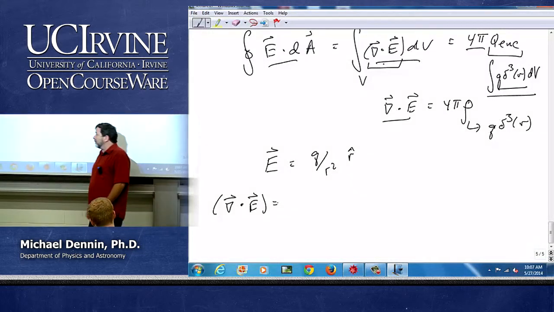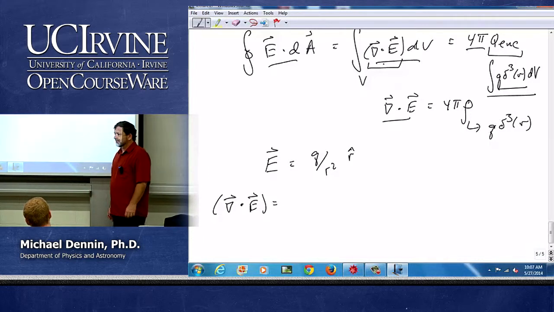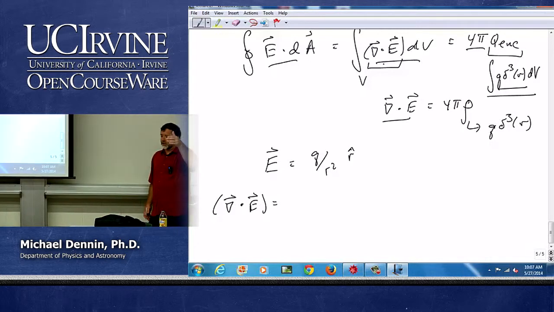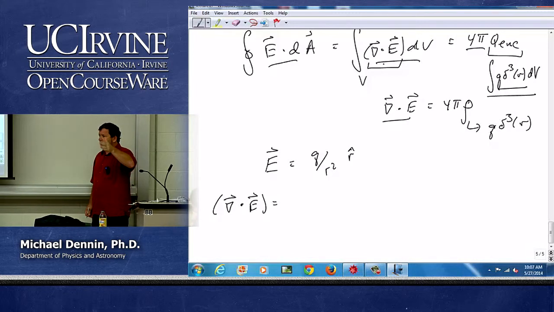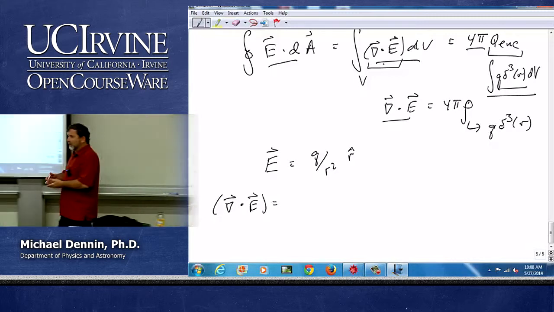What I actually get, because almost everywhere in space the divergence is what? What's the value of the divergence of an electric field due to a point charge everywhere in space except where the point charge is? 0. Why is it 0 everywhere? What's a delta function by definition is 0 everywhere except at that one point.